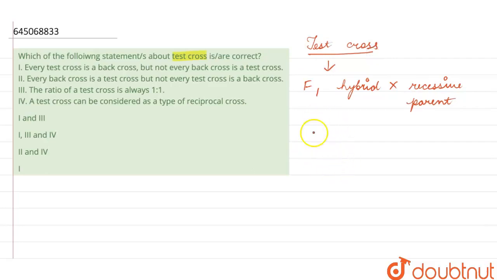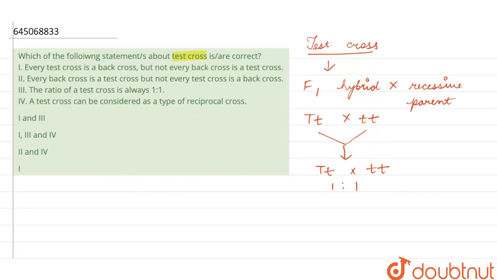For example, we have an F1 progeny which is tall, and a recessive parent which is a dwarf plant. When we cross these two, the progeny that we will get is one tall plant and one dwarf plant. So the ratio will be 1:1. So this type of cross is called a test cross.